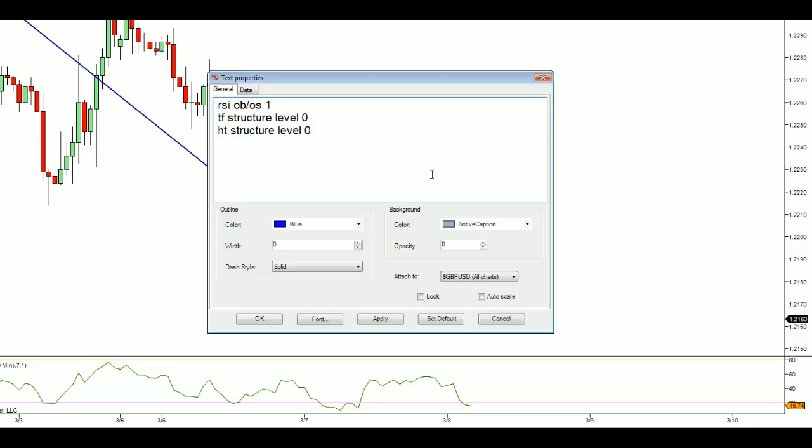No. Ratio confirmation? I don't believe so. Higher time frame trend? Yes. Well, not yet. Hang on.